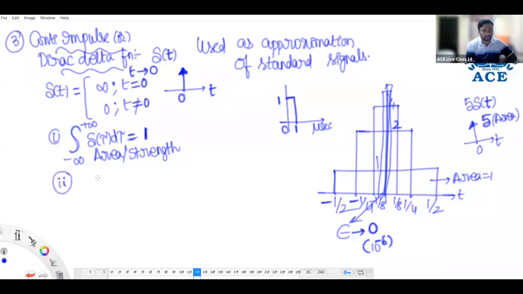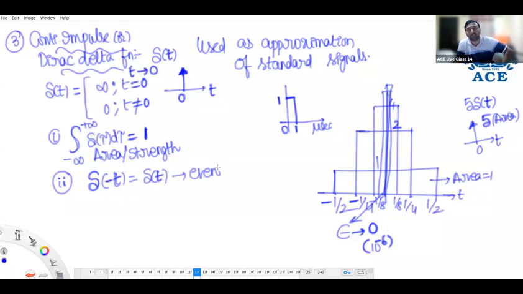Second property of impulse is that it is an even function of time, sir. Del of minus t equals del t. Because when you rotate with respect to 0, where does it lie? At the same instant. If you flip the signal with respect to 0, it lies at the same instant.